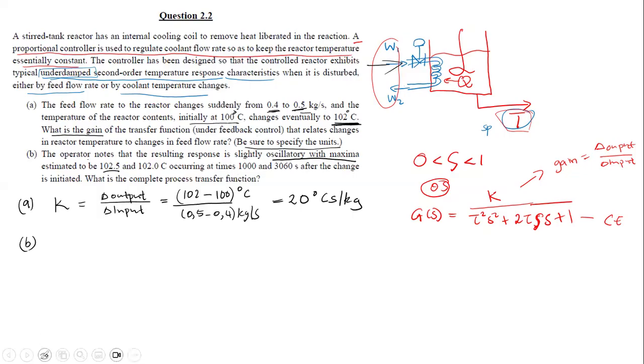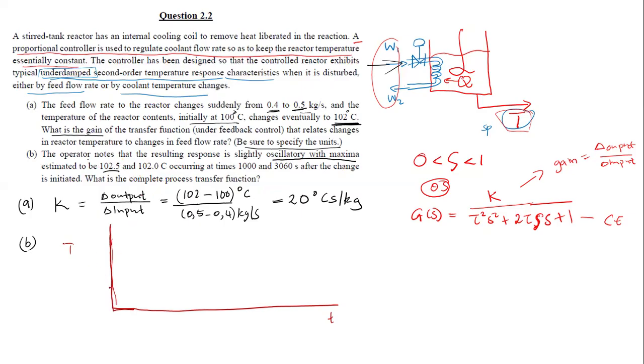So to make sense out of this statement, it's better when we draw so that we can see what is happening. On this side we have the temperature, and on this side we have the time. I want to write down this response curve that they are actually talking about.